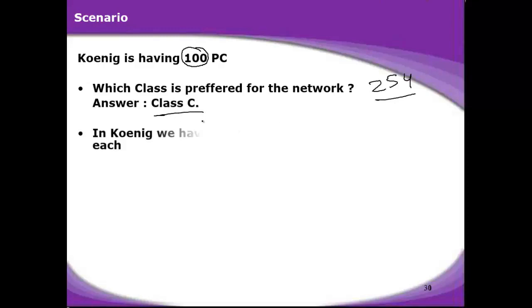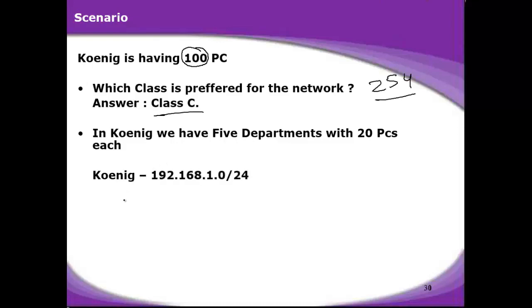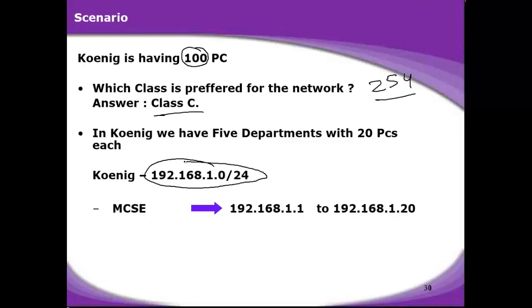So you will go with class C, and then for 5 departments you have in your company, you are given with this network ID and you are going to assign the IP addresses from this network ID. So starting from 1.1 to 1.20, because each department is having 20 computers.